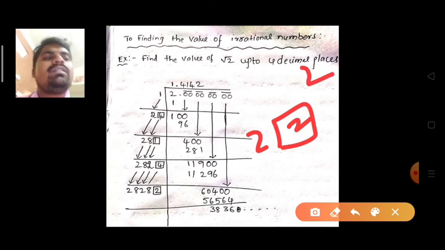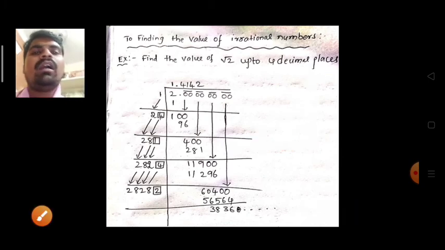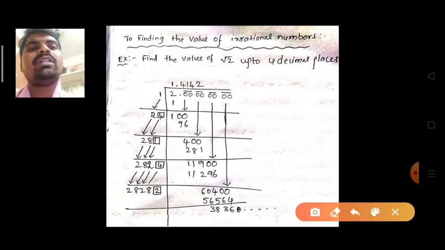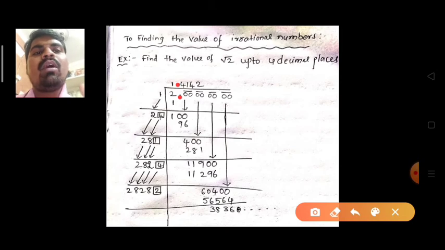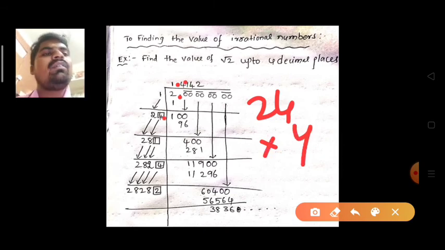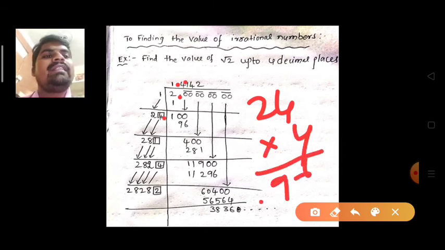So like that you have to observe. And after taking 2 zeros, the decimal point is there, you write the decimal point in the quotient. So now start the second step. In box 3 3, 4 4, like that we have to check, but the value 24 into 4 here, I wrote 4, so here also you write the 4. So 24 into 4 is 96. 96 is less than 100.